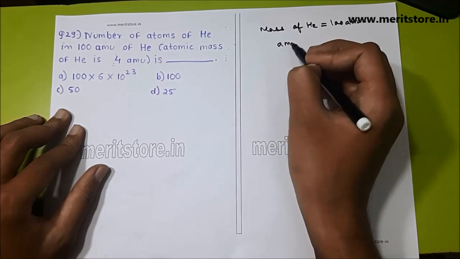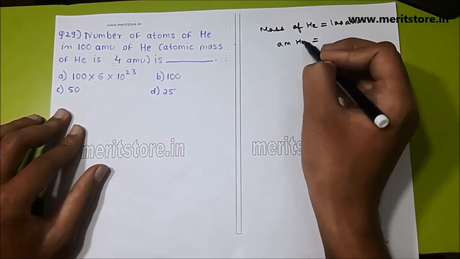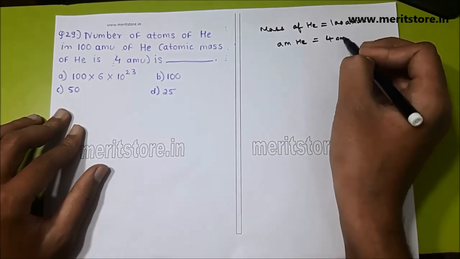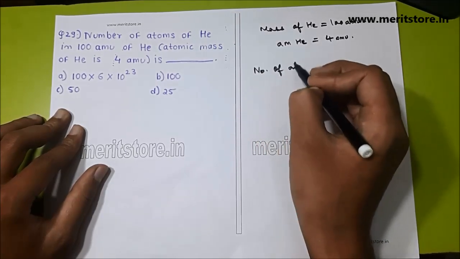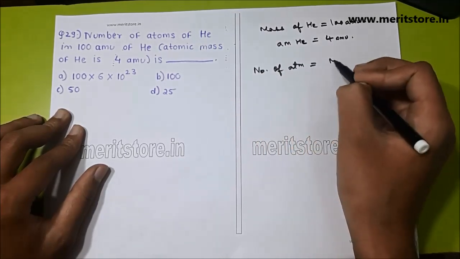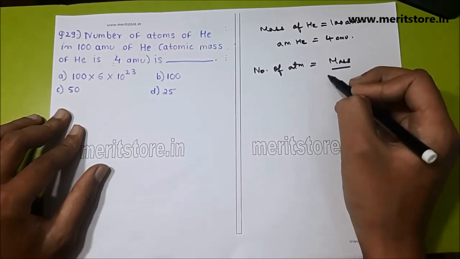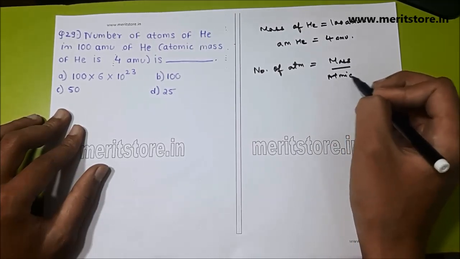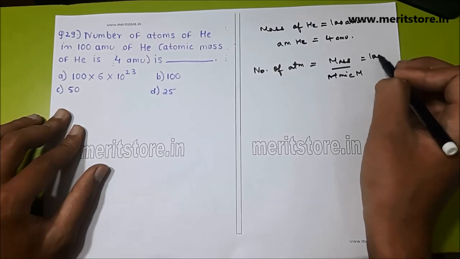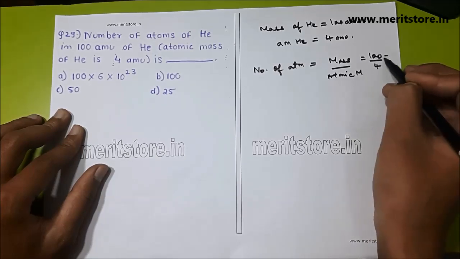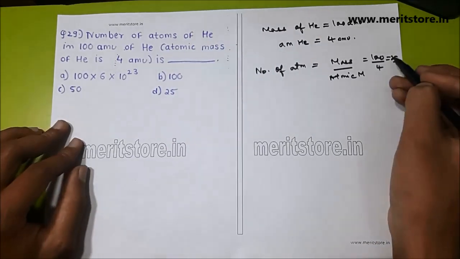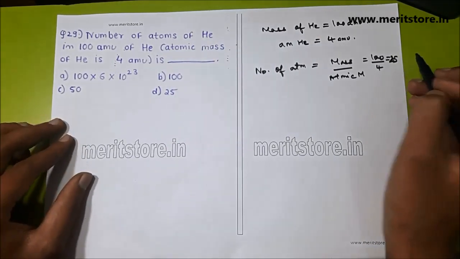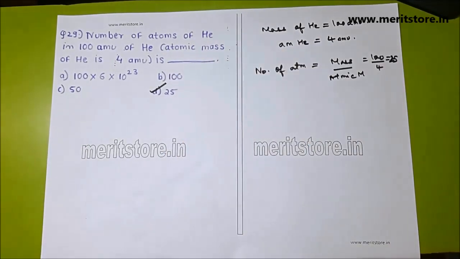Atomic mass of helium is equal to 4 AMU. The number of atoms of helium is equal to mass upon atomic mass. So equal to 100 AMU upon 4 AMU equal to 25. It is a ratio of the same quantity, so there will be no unit. Option D is the correct option.